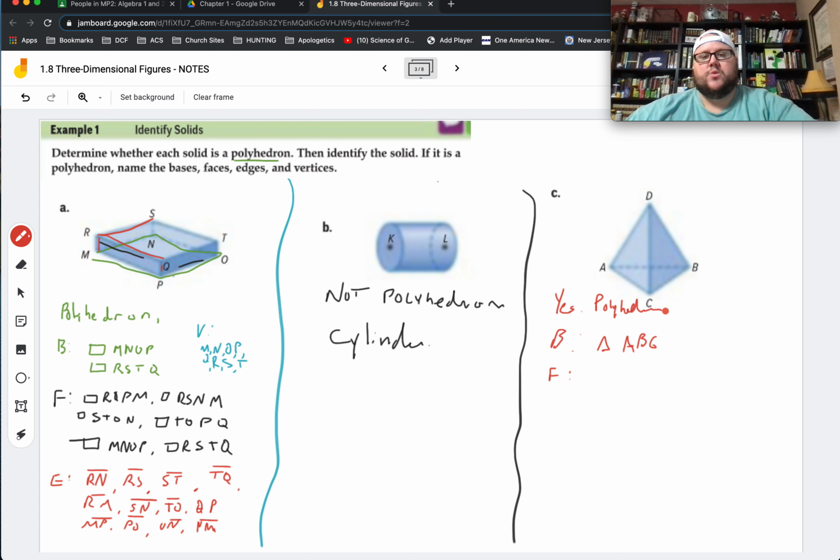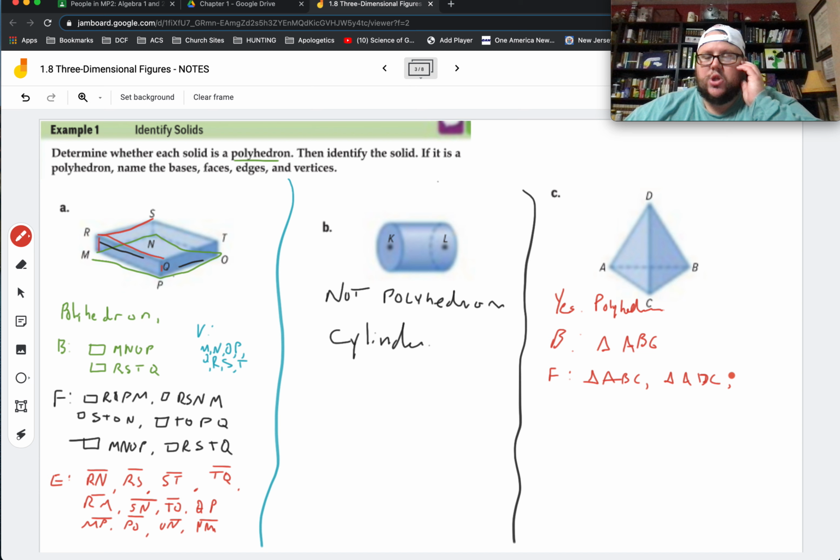So our faces, well, that triangle ABC counts as a face, so we're going to have triangle ABC again. But then we're going to have ADC, this triangle, ADC. And then we're going to do CDB or BDC or BCD.